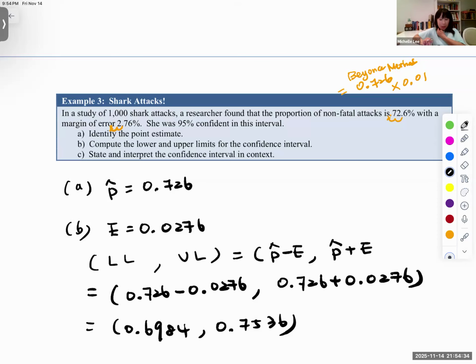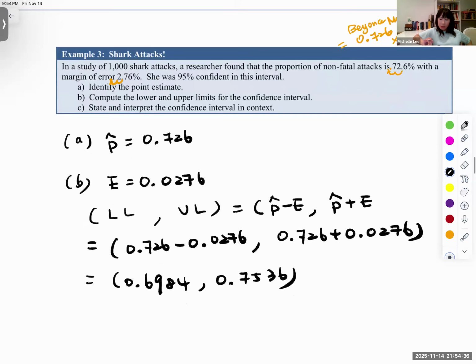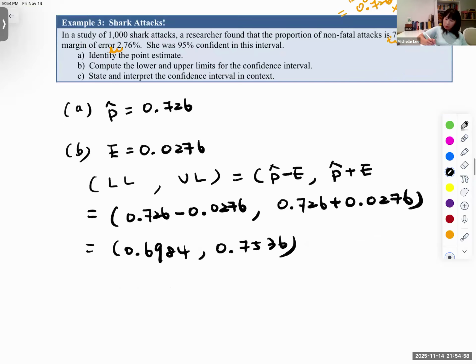Now state and interpret the confidence interval in context. We already know how to say it, so let's just use that we are 95% confident.